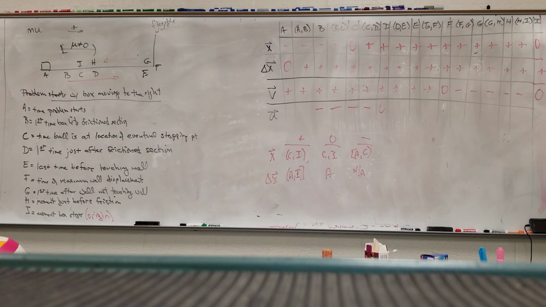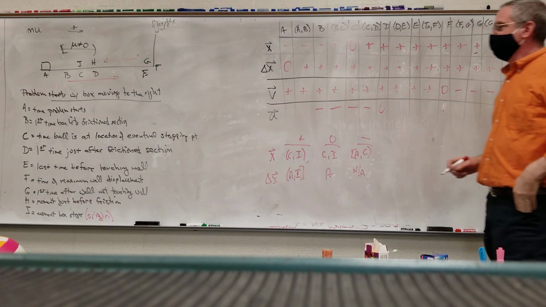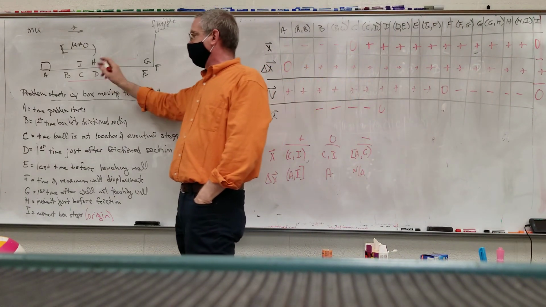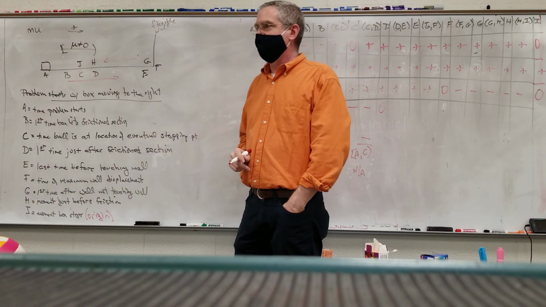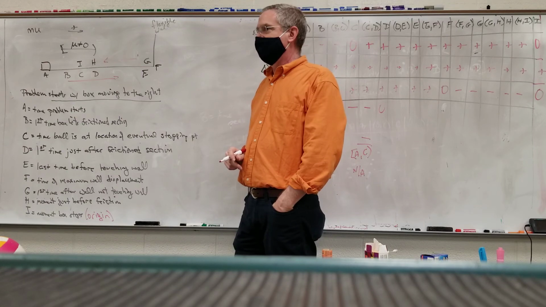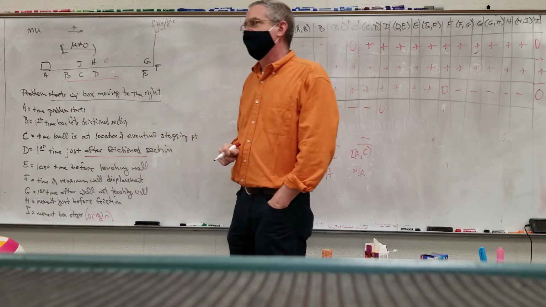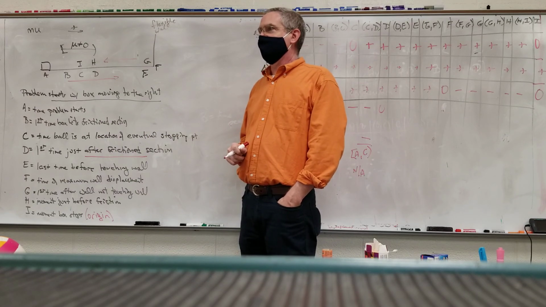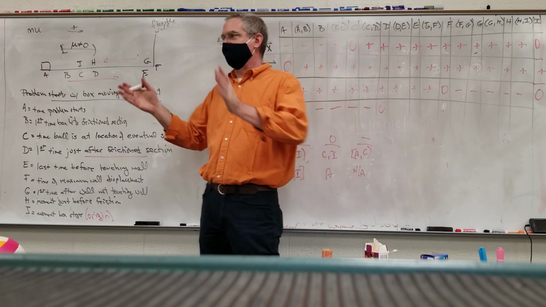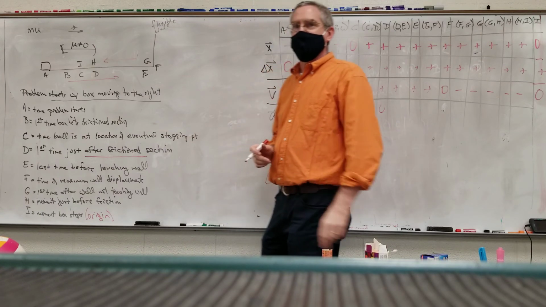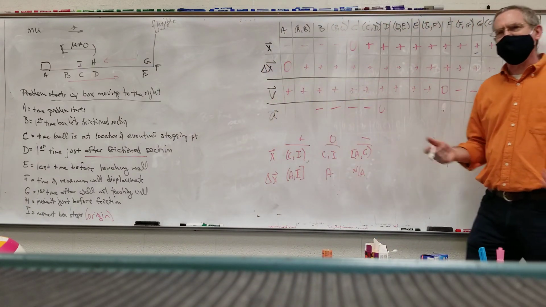Why is D zero? What forces are acting on it at point D? Because D is after the friction section. Oh, okay. So it stops. Yeah, so the friction ends just before time D. So at time D, what are the forces acting on it?